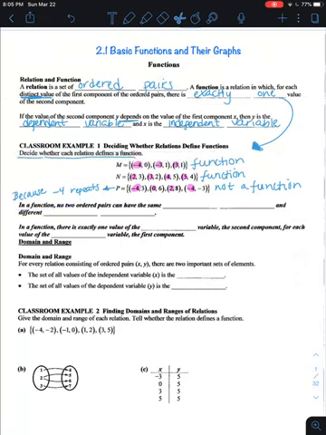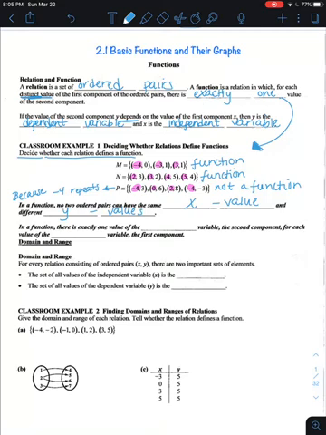So in a function, no two ordered pairs can have the same x value and different y values. So no two ordered pairs can have the same x value and different y values.